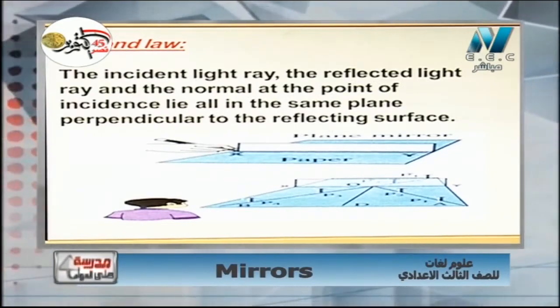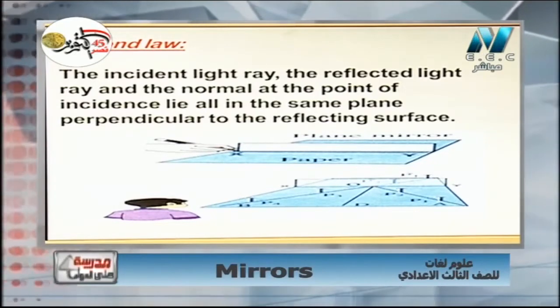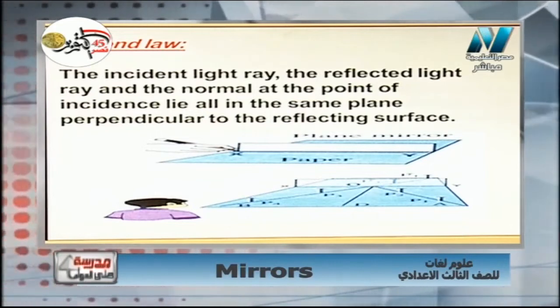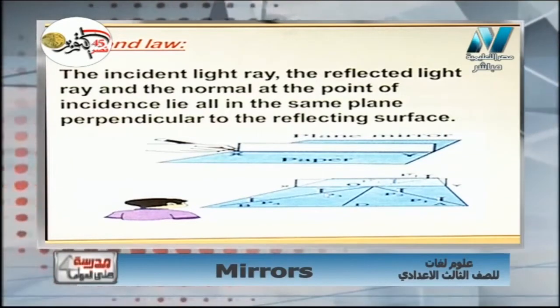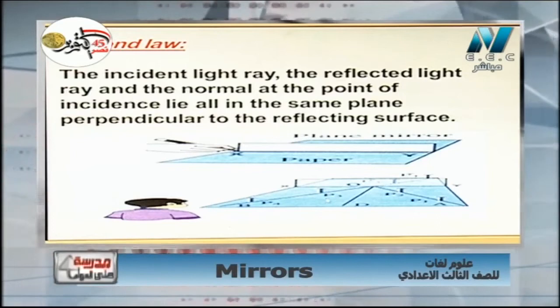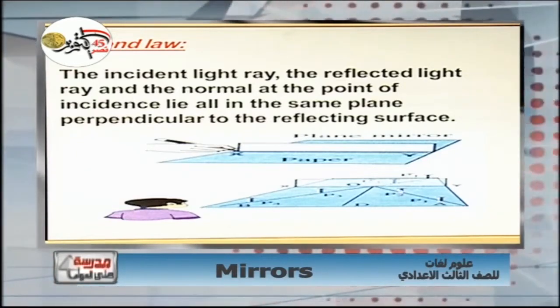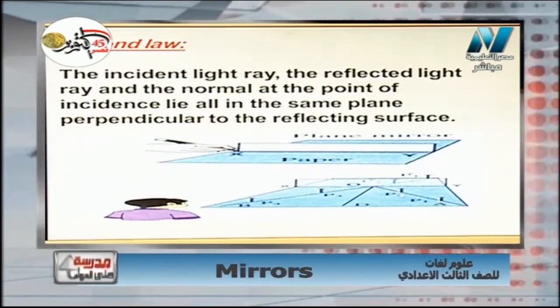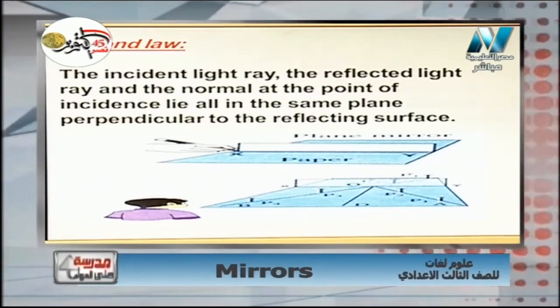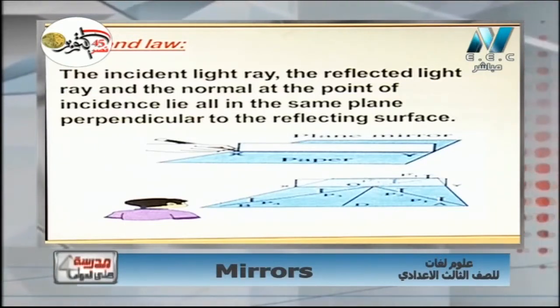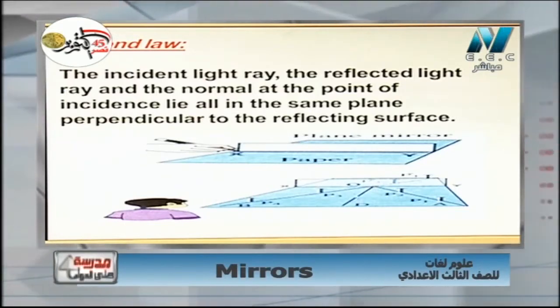And this is the experiment we have in the student book. This is a plane mirror and this is a paper. He sticks a pin, as we see, P1. This is pin number 1 and this is pin number 2. Then he will show their images, these two images in the mirror, and draw the line of the reflected ray and calculate the angle.